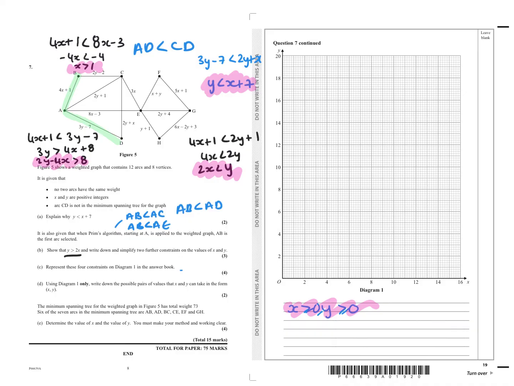Right, so let's actually use the ruler and start plotting these. So we're going to do y equals x plus 7. So it's at 7, and then for every one across, we go up 1. So this is the first line we need to draw.